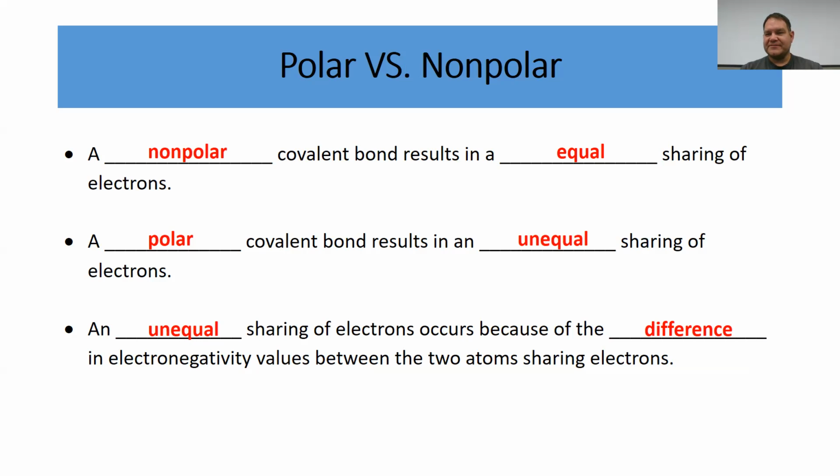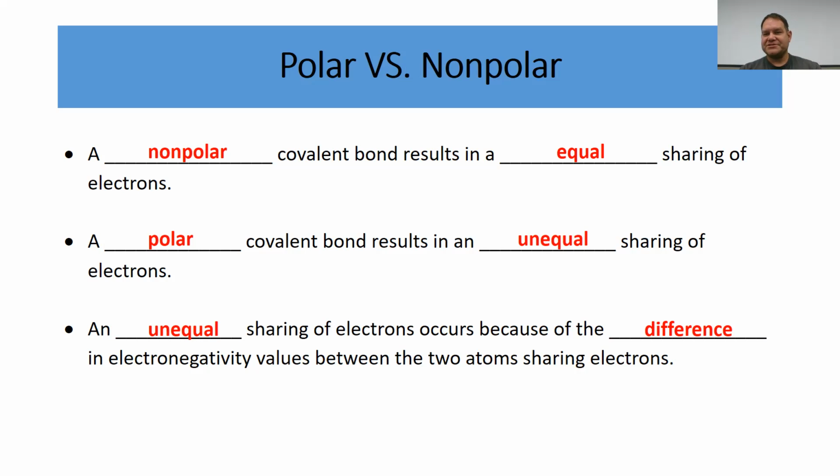In other words, if two atoms have the same or nearly the same electronegativity value, then they're going to have an equal sharing of electrons, and that will result in a non-polar covalent bond.